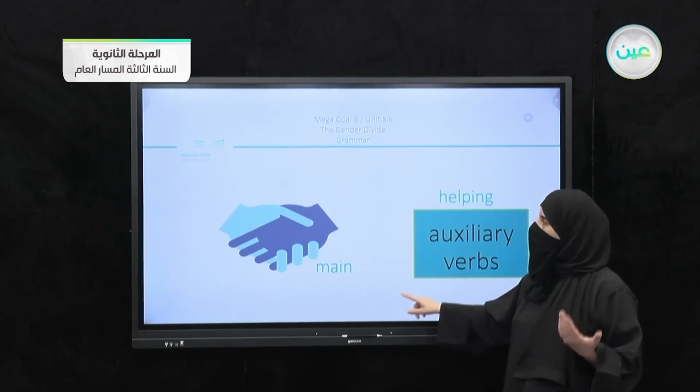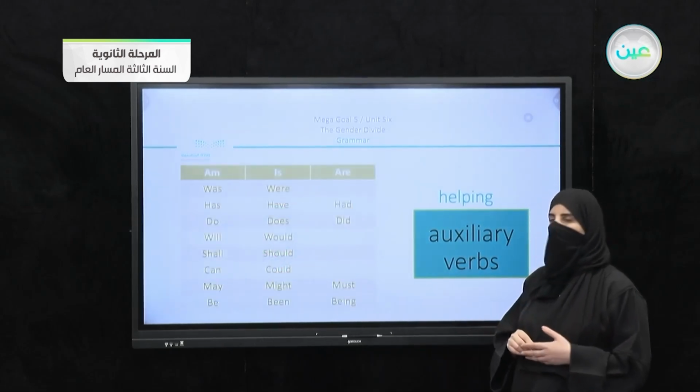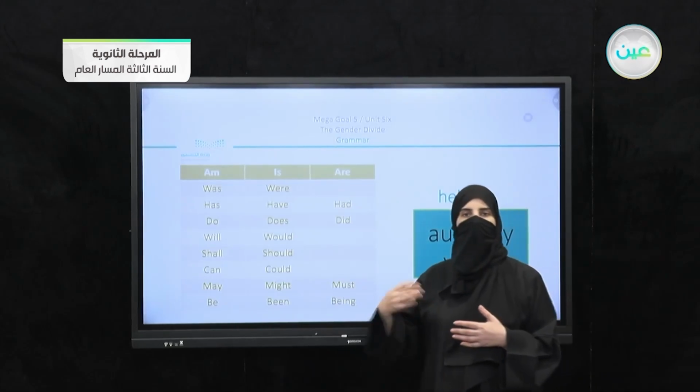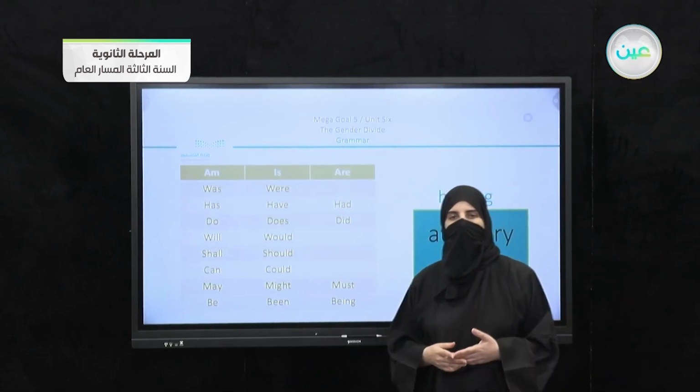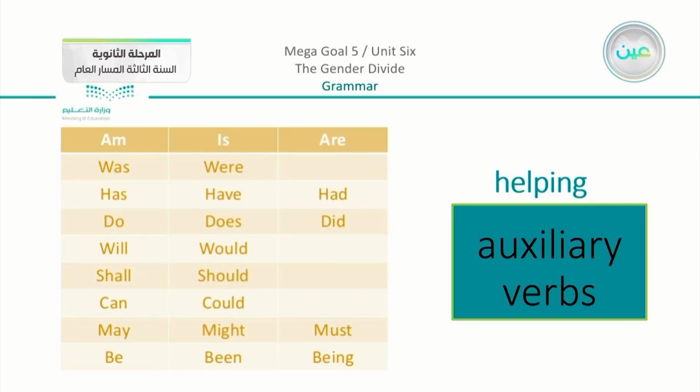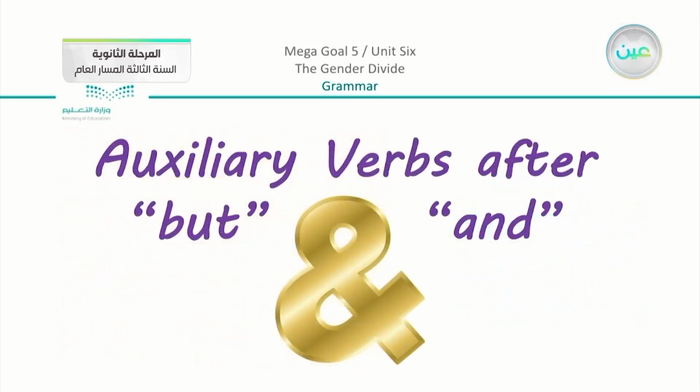So when we have the verb to be, we know that it is related to is, are, and am. And you can see that there are different auxiliary verbs that can be used in a sentence as a helping verb. They can be main verbs as well, but basically they have a very important role as an auxiliary or helping verb.